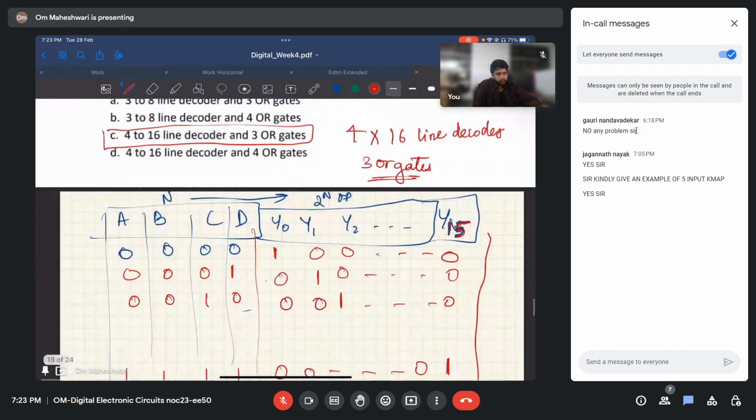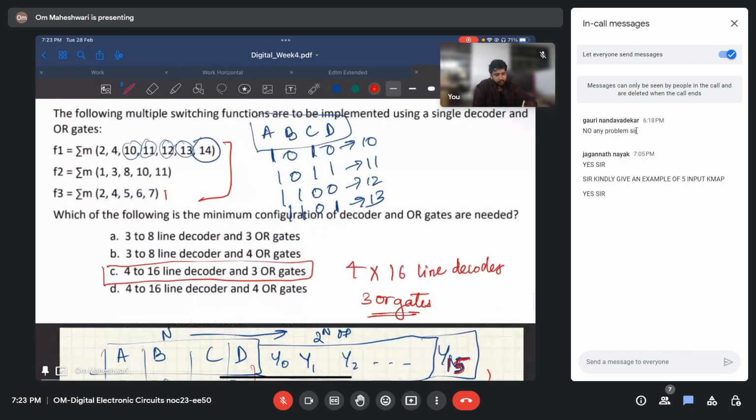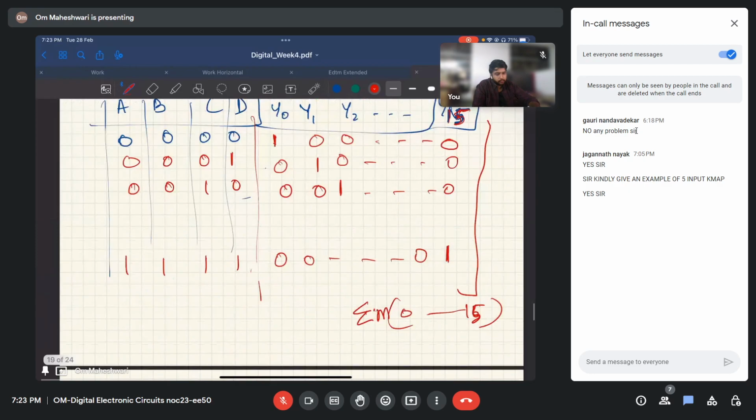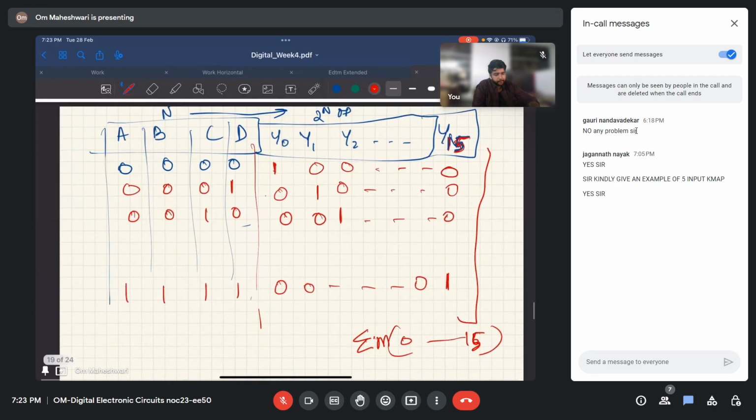So let us take an example here. Let's say F3 we have to implement 2, 4, 5, 6, 7, right? So let me write it.